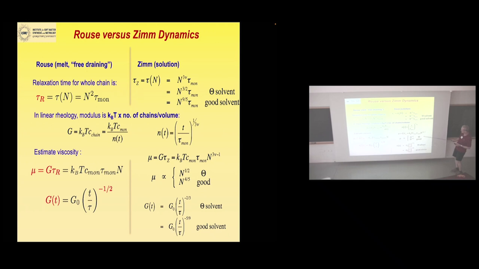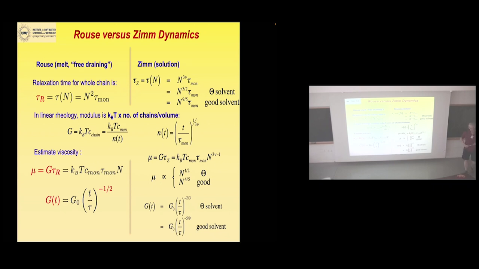If we do the same argument of finding the modulus, the viscosity is the modulus times the time scale. So this would be the linear viscosity where I allow the chain to relax entirely. If I put in the Zimm time, that actually scales not as n, which is what I get for the Rouse case, but n to some power. Okay. And that power involves the Flory exponent.